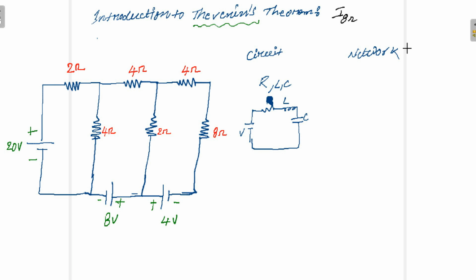A network is nothing but a collection of circuits. So a circuit is a part of the network, and a network may also contain an open circuit, which means some components connected to the circuit but not having any current passing through them.